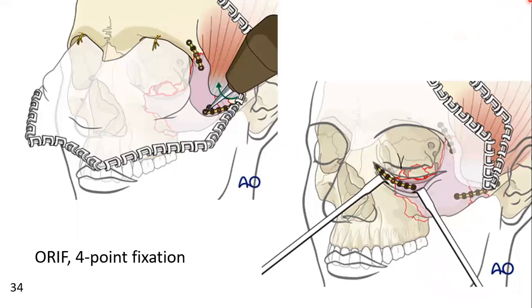So the first step should be the placement of the plate or wire at the frontozygomatic suture area. Now, looking through the coronal incision, the zygomatic plates should be properly adapted. Use a minimum of 5 hole plate with extra holes spanning the fracture line. Reconfirm that the zygomatic arch has been properly reduced.